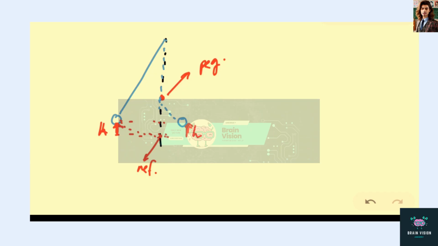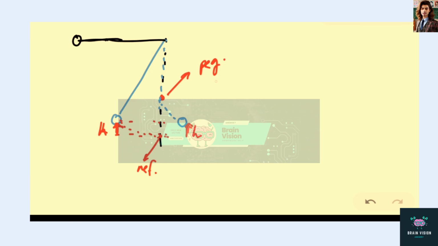Now what happens if the pendulum is released from a horizontal position, in this manner, so it's way above the peg?